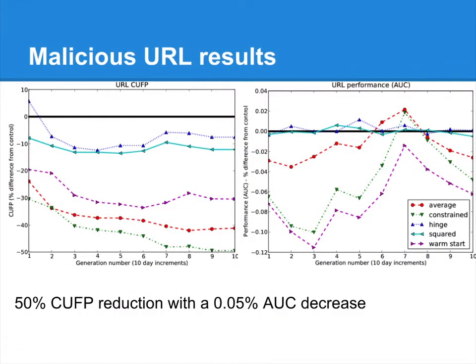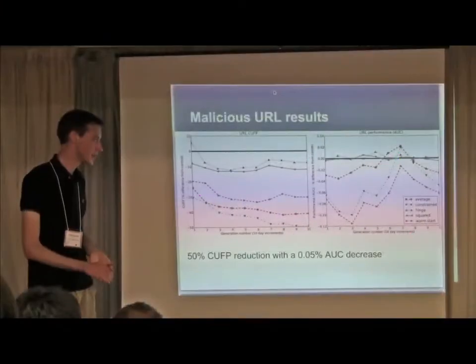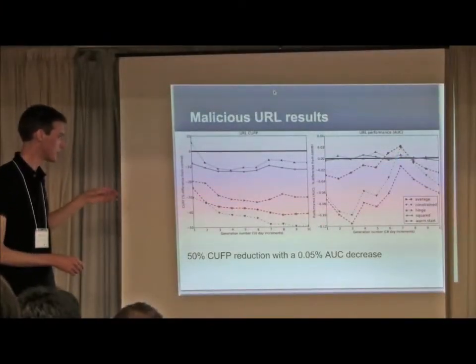As for malicious URL classification, we see very similar results. The weight-based methods did quite well. The regularization terms actually worked out a little bit. And here we are decreasing AUC, which is slightly comforting, but we're not doing it to any extent that's non-trivial.